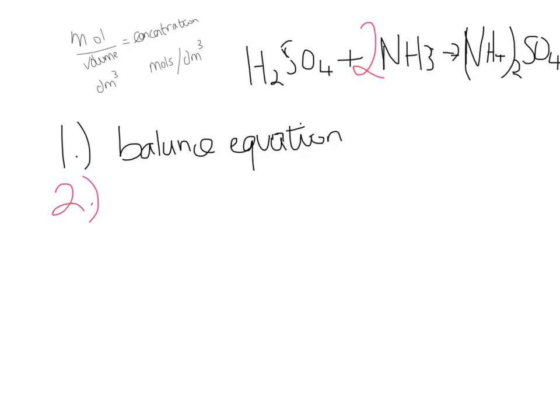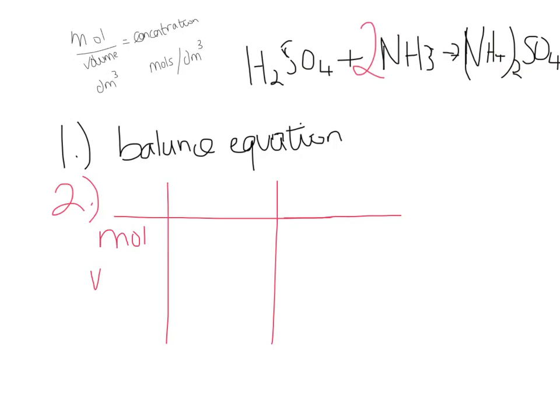Step 2 is to create a table. It always looks like this: moles, volume, concentration. And we'll have H2SO4 up here and NH3 here. We fill in what we know.